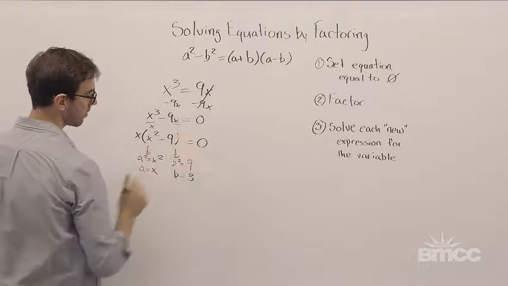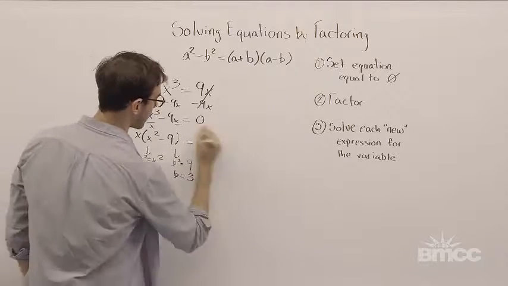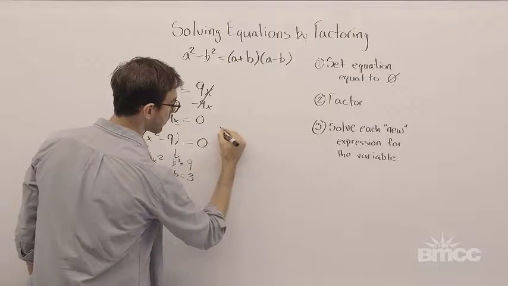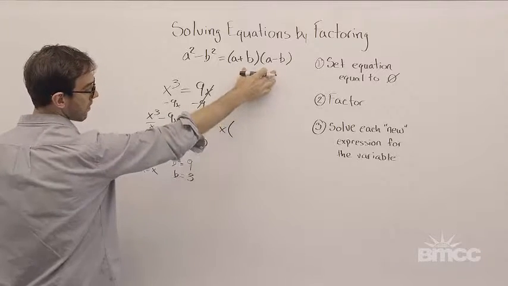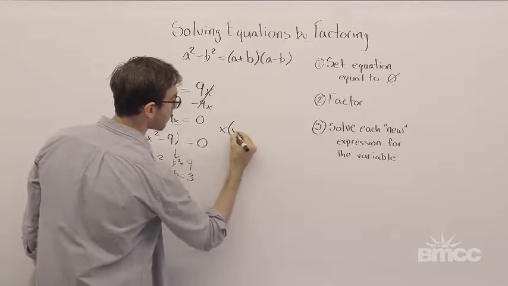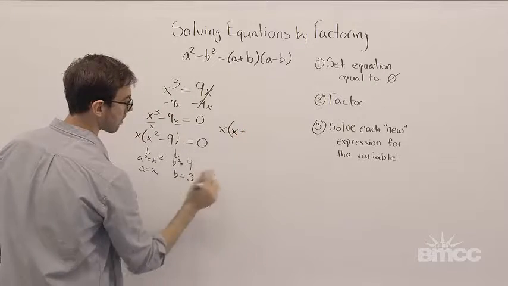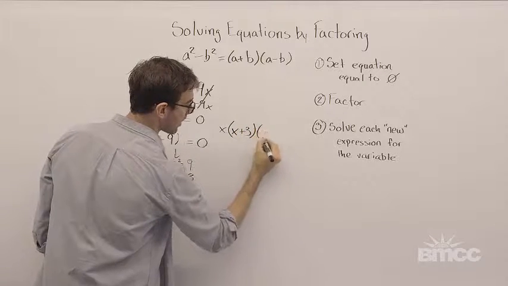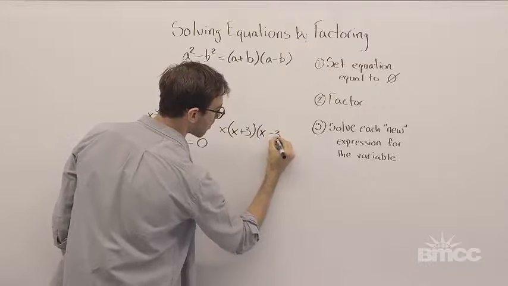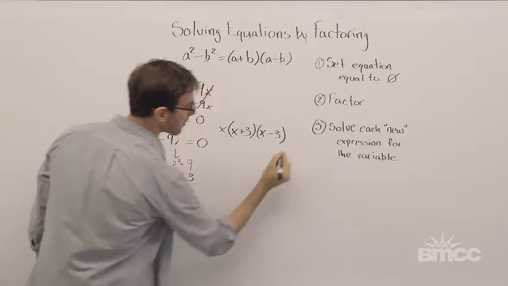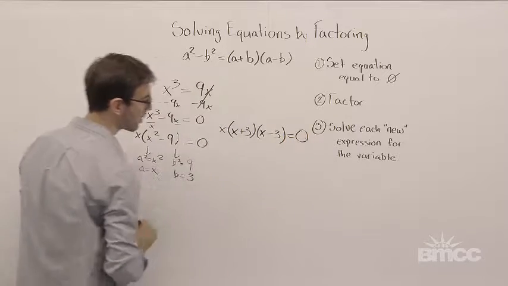Let's rewrite this using this. We'll bring this x over, and then our x squared minus 9 we're now rewriting as x plus 3 times x minus 3, and that would be equal to 0.